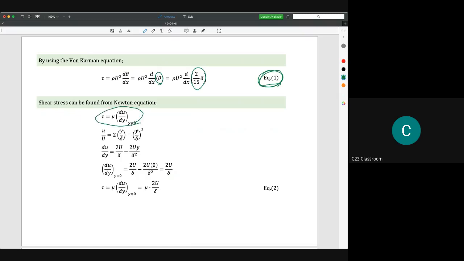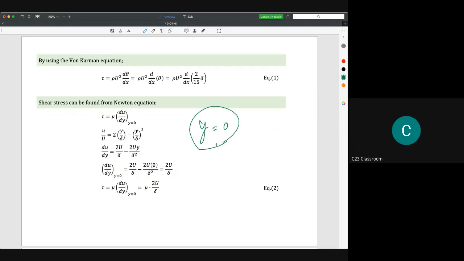So in this equation, we have du/dy. That means we need to differentiate our velocity equation, u over capital U, with respect to y. I think you know how to do this. So you will get du/dy equal to 2U over delta minus 2Uy over delta squared. And please do not forget to evaluate that equation with the condition of y equal to 0.